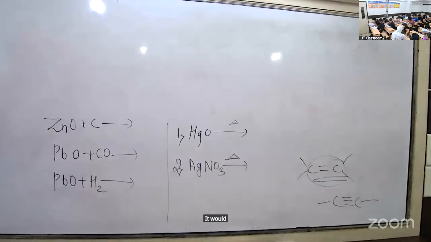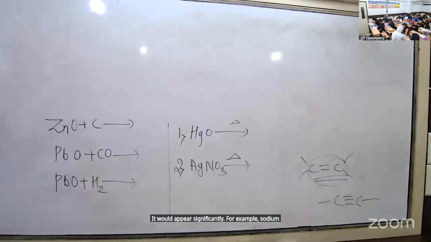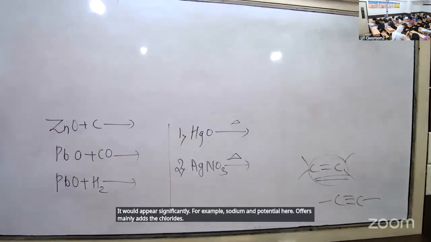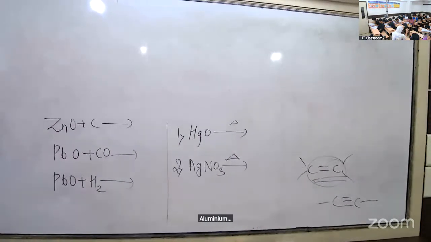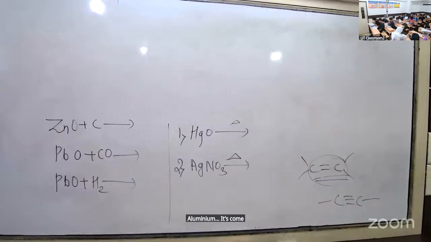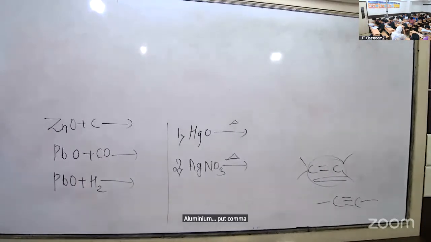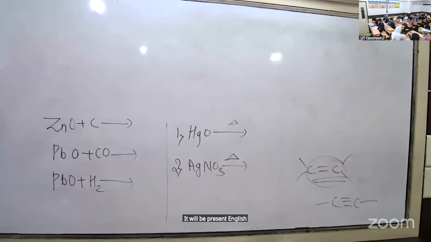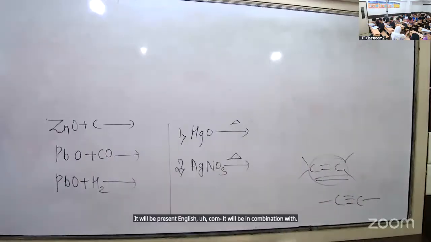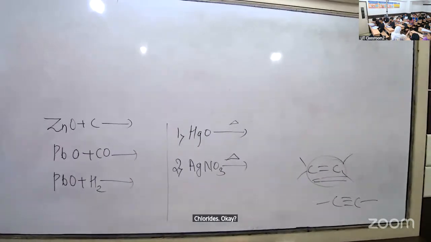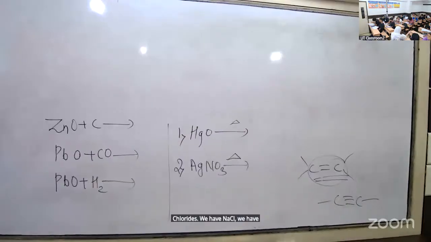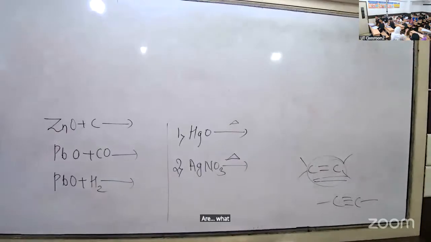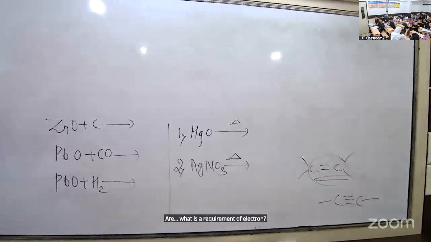For example, sodium and potassium occur mainly as the chlorides, aluminium. इसका मतलब कॉमा लगाओ, chlorides के बाद में put comma. So if you have sodium and potassium, it will be in combination with chlorides. हमको तो पता है, we have NaCl, we have KCl. So this is that combination.